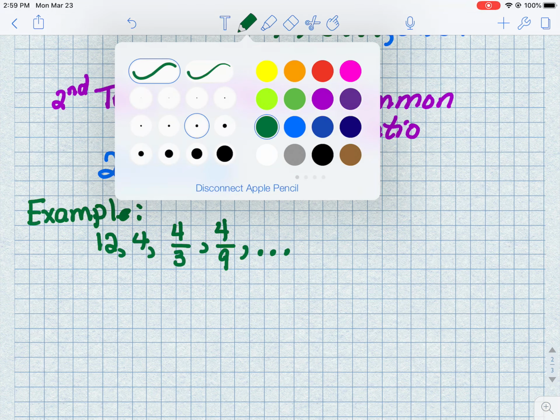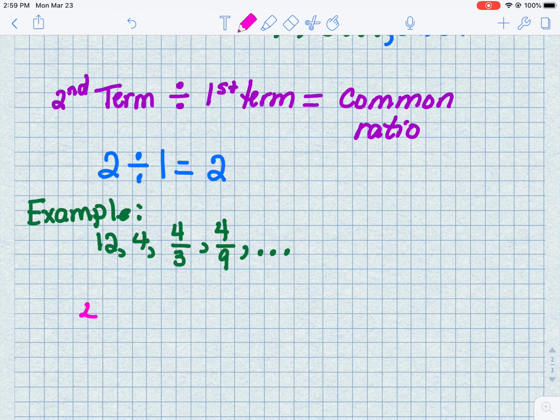I'm going to do 4 divided by 12, and that's going to give us 1/3. So we're actually multiplying by 1/3, or you could say we're dividing by 3 each time. Okay?